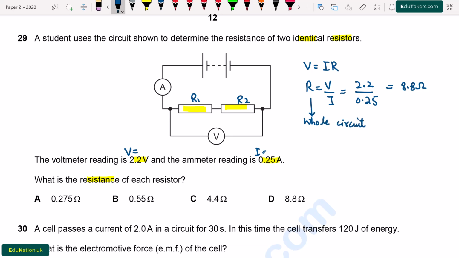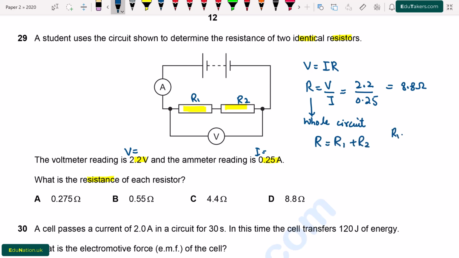But we have to find R1 and R2. As it is given that both of these resistors are identical, and they are in series, and in a series combination the total resistance is obtained by adding the individual resistances. So I write here R is equal to R1 plus R2.